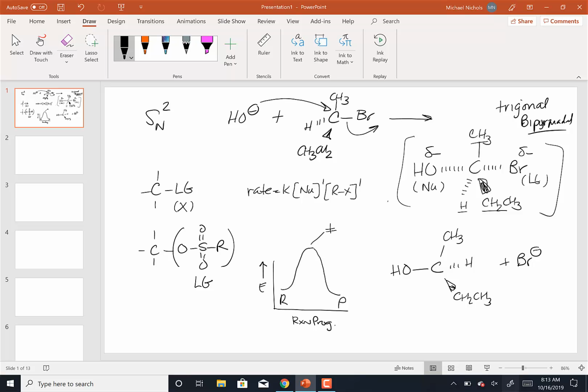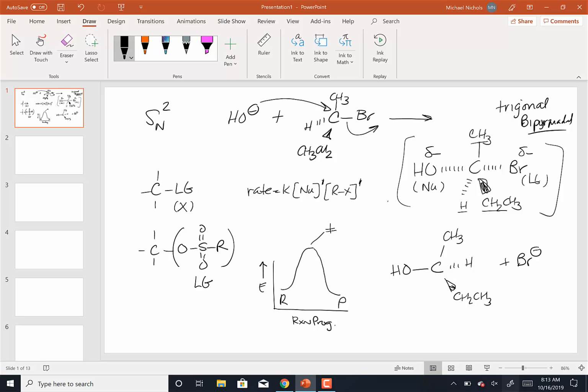And what they found was when you doubled the nucleophile concentration, the rate doubled. When you doubled the alkyl halide concentration, the rate doubled. When you doubled both of them, the rate went up by a factor of 4. So that tells you then that these exponents here are one. What is called first order in both of those, in nucleophile and in alkyl halide.